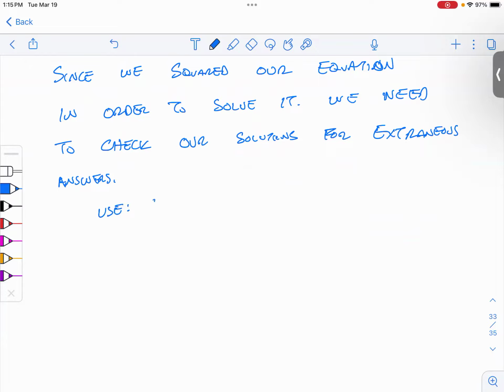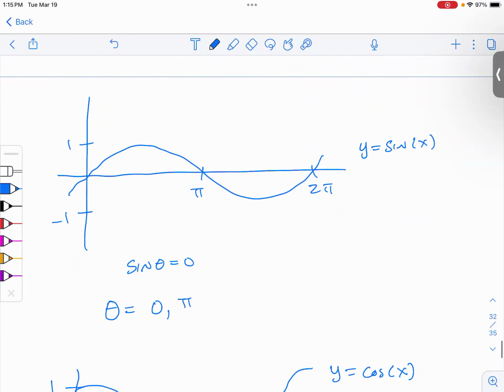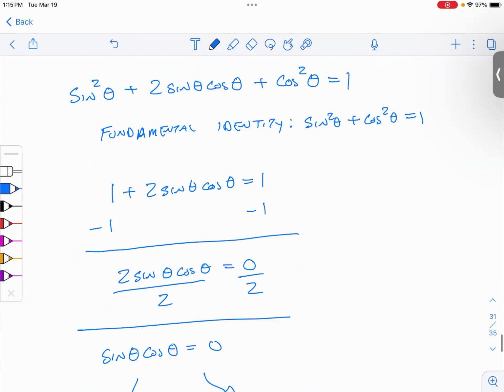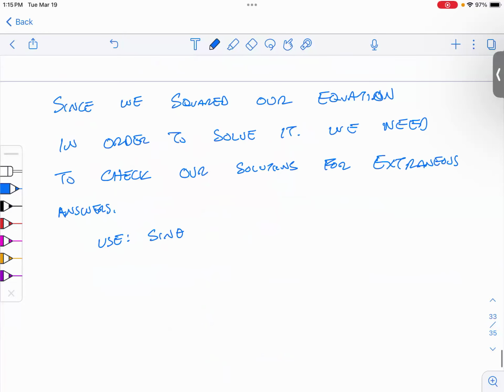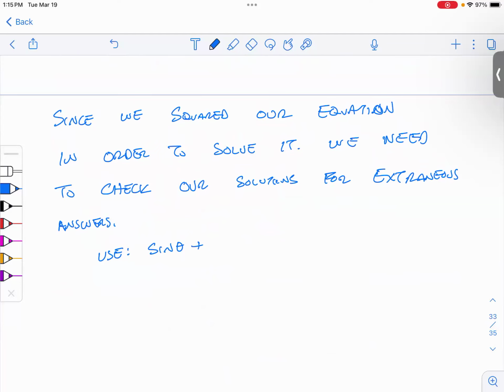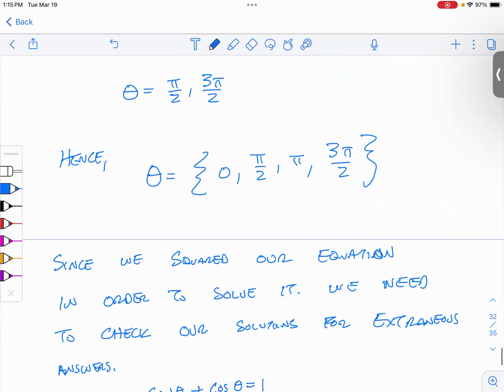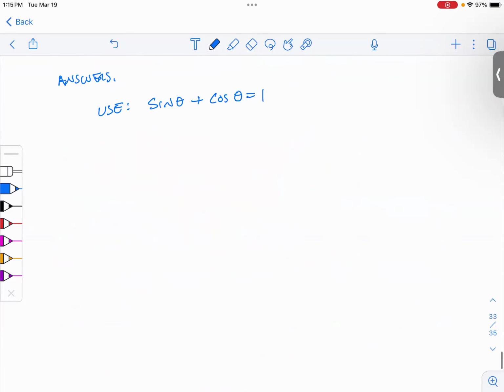Now, the good news is that in order to check this, we use our starting equation, which was sine theta plus cosine theta equals 1. And, all right, we have good news. At least all these were pretty easy. So check theta equals 0. Sine of 0 plus cosine of 0.